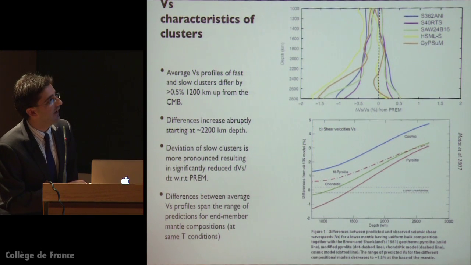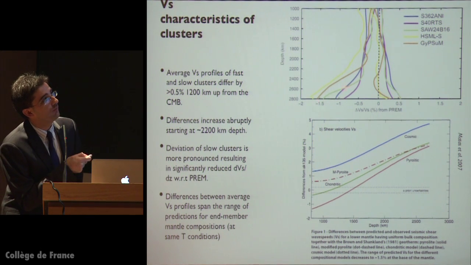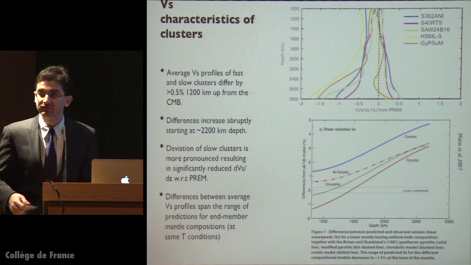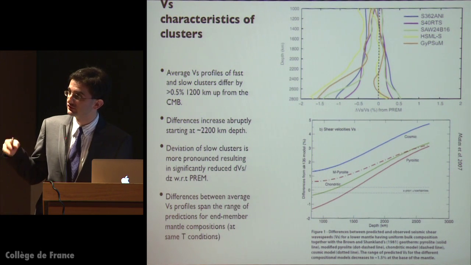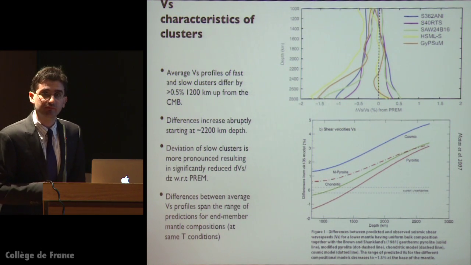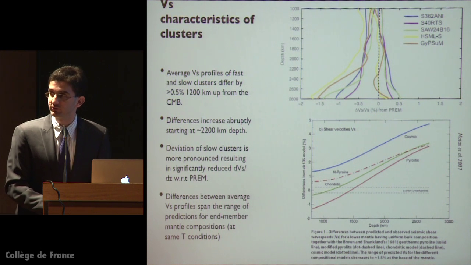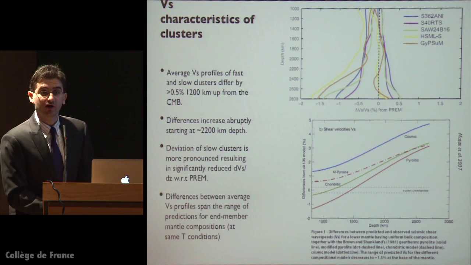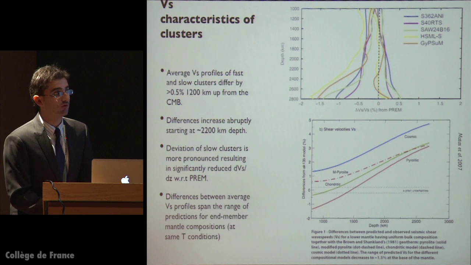I just want to point out that this 1.5% difference in the average profiles of the slow regions versus the fast regions has some important implications for mineralogical interpretations of 1D profiles of the Earth.